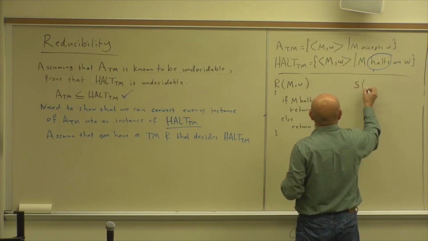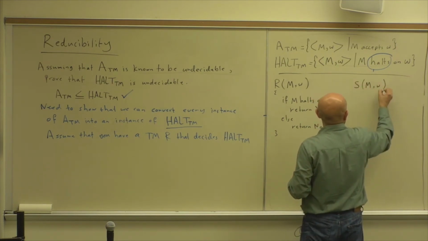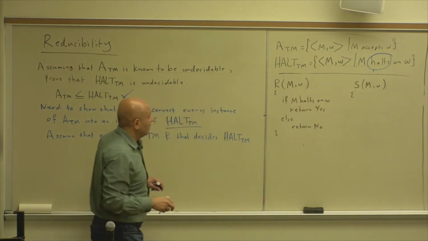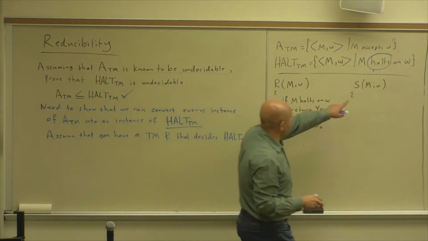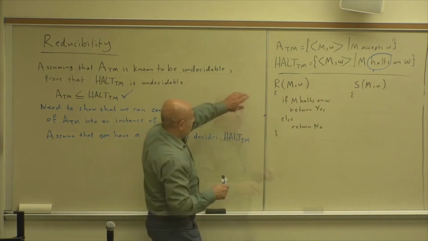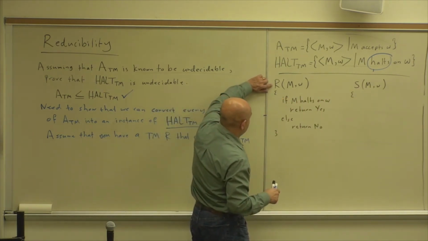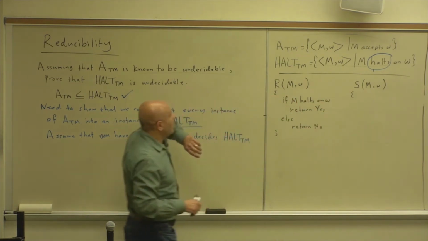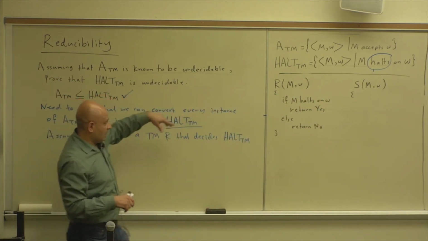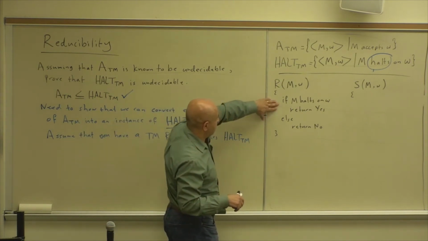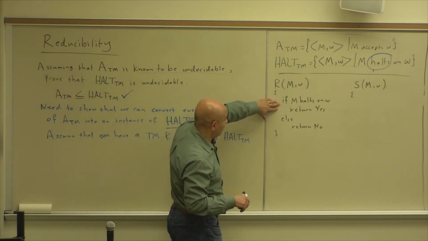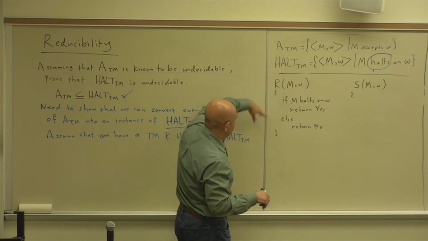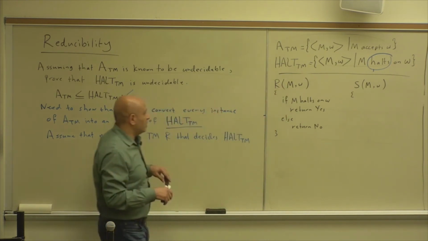Now let's assume that we have this S that takes M and W, and we need to use this to determine if M accepts W. To use this solver for the halting problem to solve the acceptance problem, all you need to do is call this to determine if this halts or not. If it halts, then you run M. If it doesn't halt, you just reject.